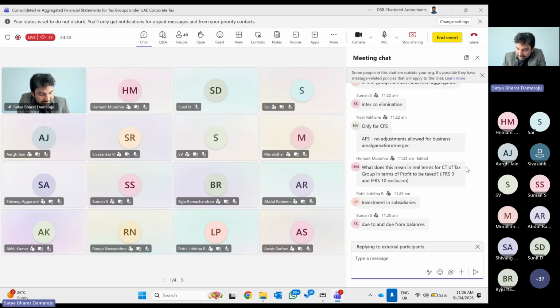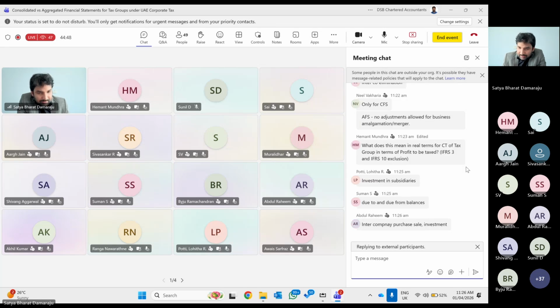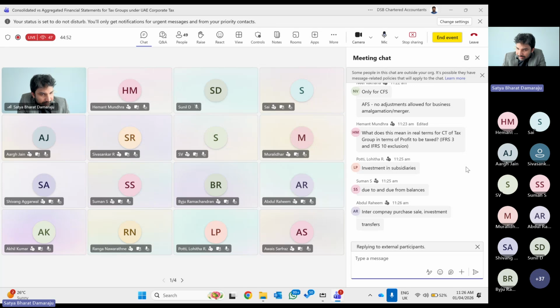Intercompany balances. Intercompany purchase, so any incomes, expenses. Someone mentioned intercompany purchase or sale. So intercompany purchase or sale we will eliminate, but only if there is stock available. So meaning unsold stock, we will recognize unrealized gains and losses. Incomes and expenses we will eliminate.